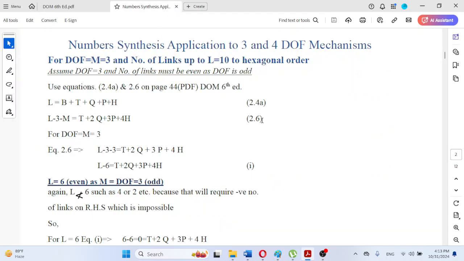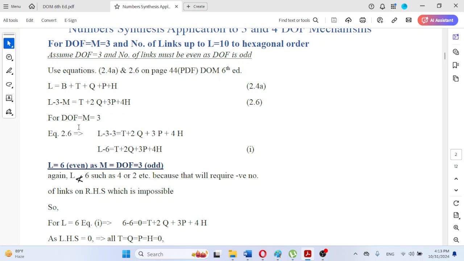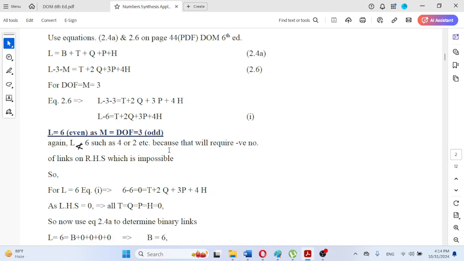I have referenced these equations, and the same reference numbers are shown here. For DOF or M equal to 3, equation 2.6 gives L minus 3 minus 3, so this becomes L minus 6 equals T plus 2Q plus 3P plus 4H.